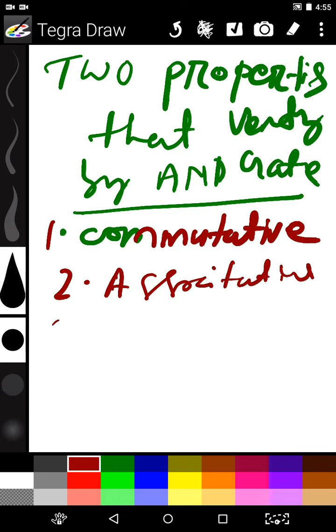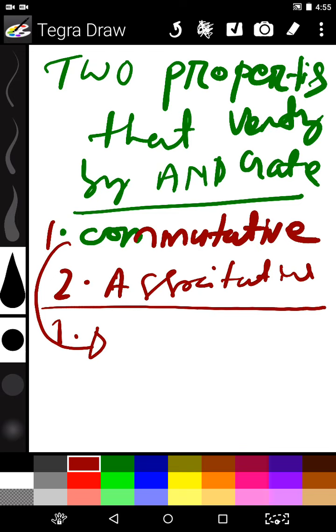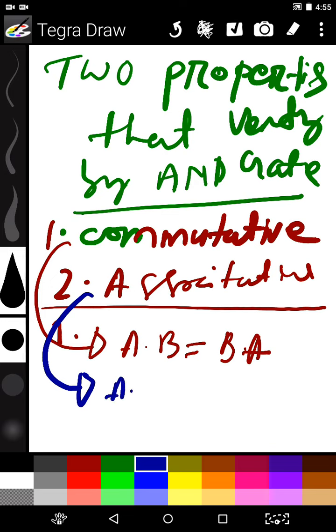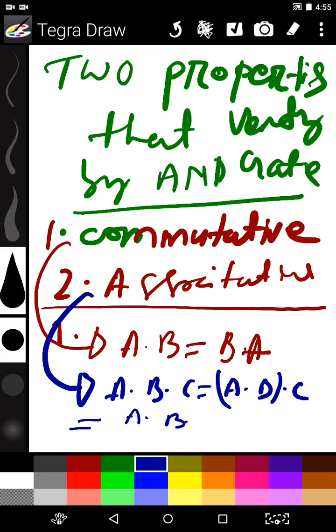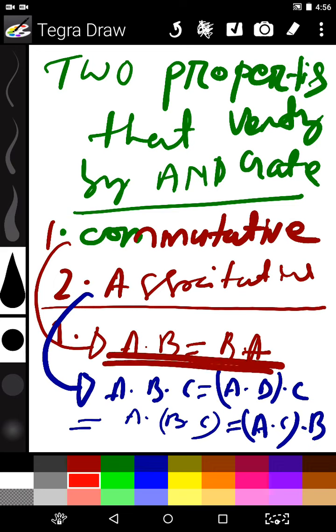The commutative property means A dot B equals B dot A. The associative property means A dot B dot C equals A dot (B dot C), which is equal to A dot C dot B. The first one is the commutative property and this one is the associative property.